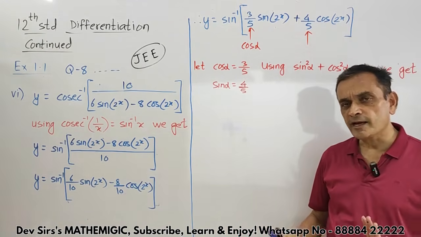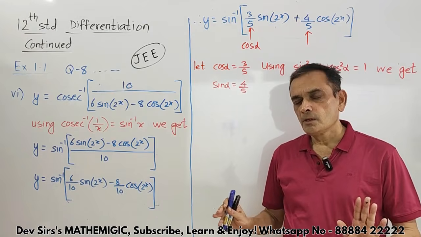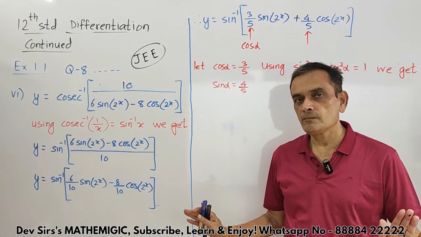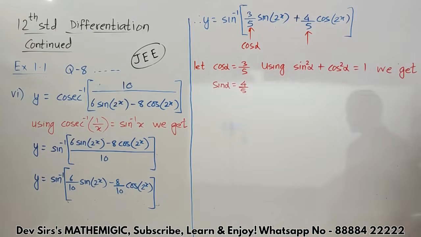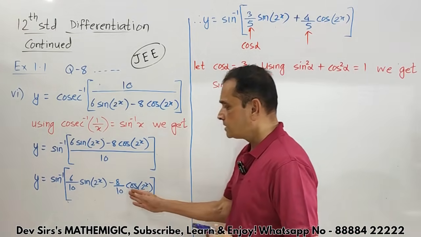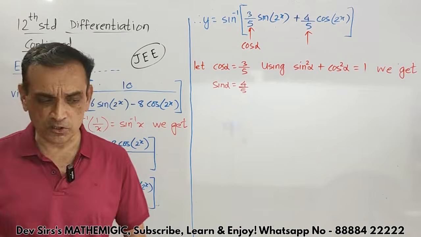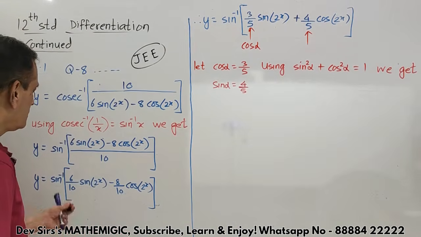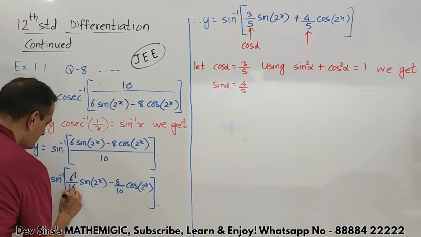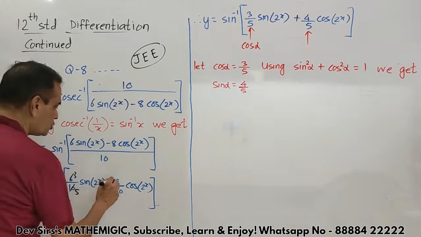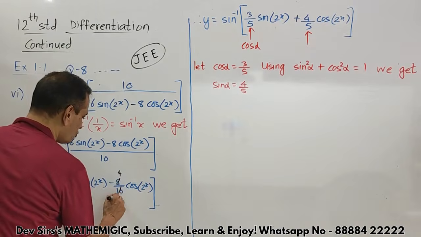Did you understand? Take a deep breath. Think carefully. Okay? Right. Now what? After that what? Separating out. Observe. 2 3s are 6. 2 5s are 10. 2 4s are 8. 2 5s are 10.